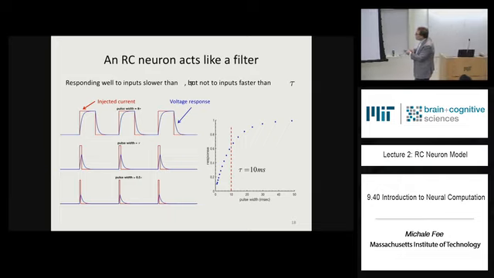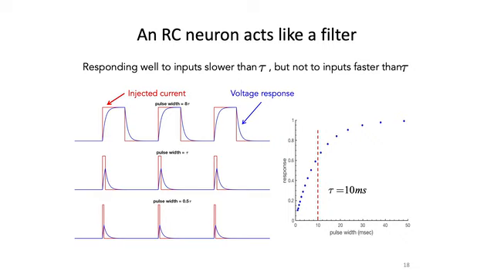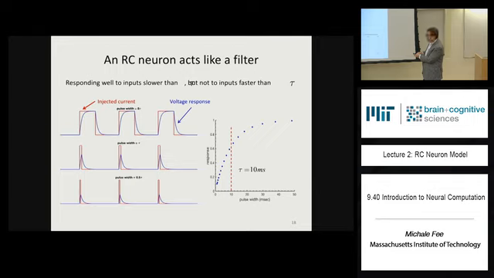But now let's make really short pulses that are much shorter than tau. You can see that the voltage starts relaxing toward V infinity, but it doesn't get very far. And all of a sudden, the current's turned off and it relaxes back. And so you can plot the peak voltage response as a function of the width of these pulses.